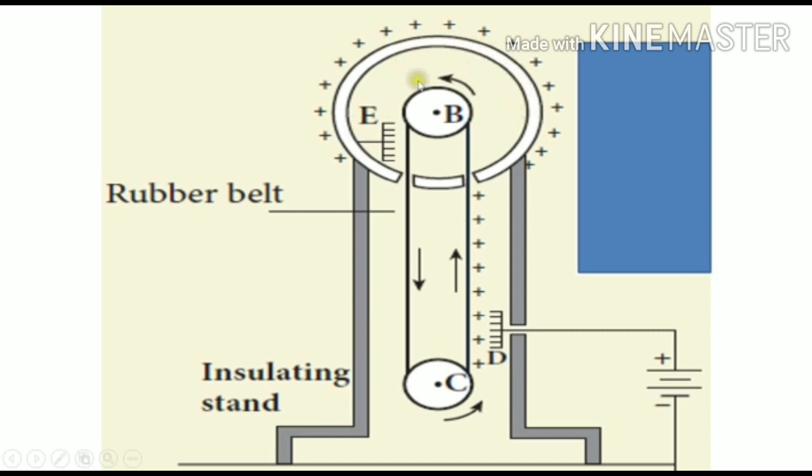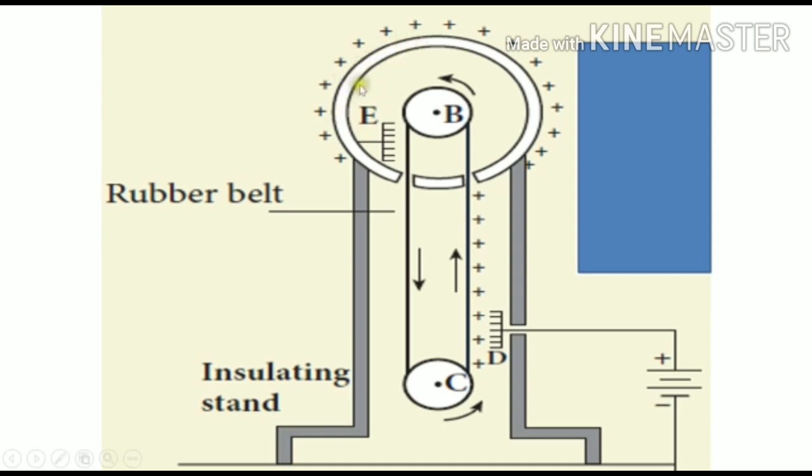Due to the corona discharge, the positive charge on the belt is cancelled and the down-going belt does not carry charge. At the bottom it again gets a large positive charge. This process continues till the sphere produces a potential difference of 10 to the power 7 volt.